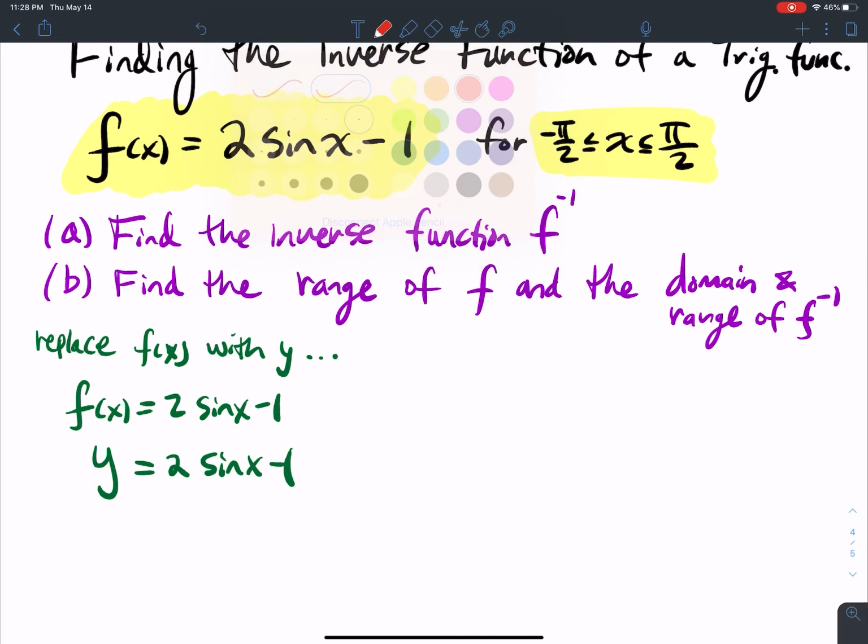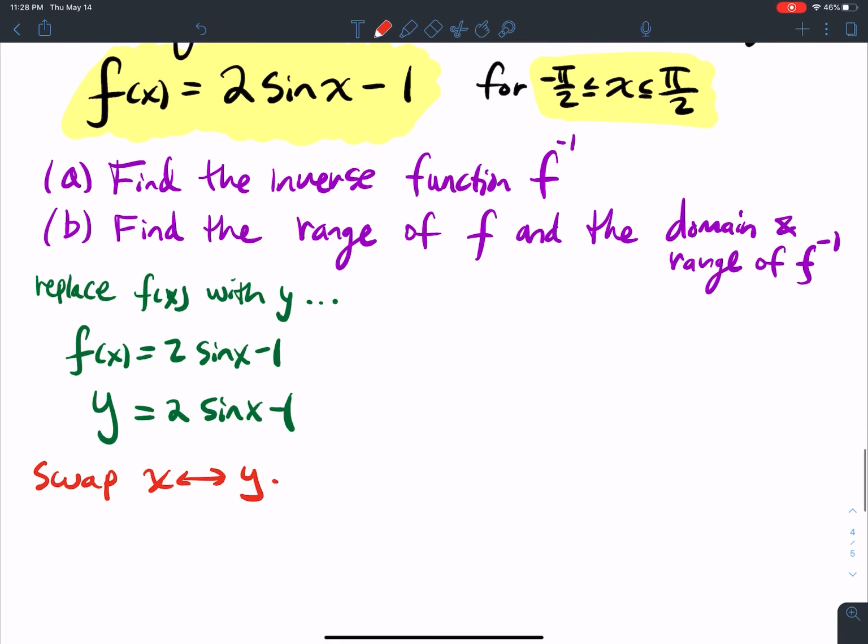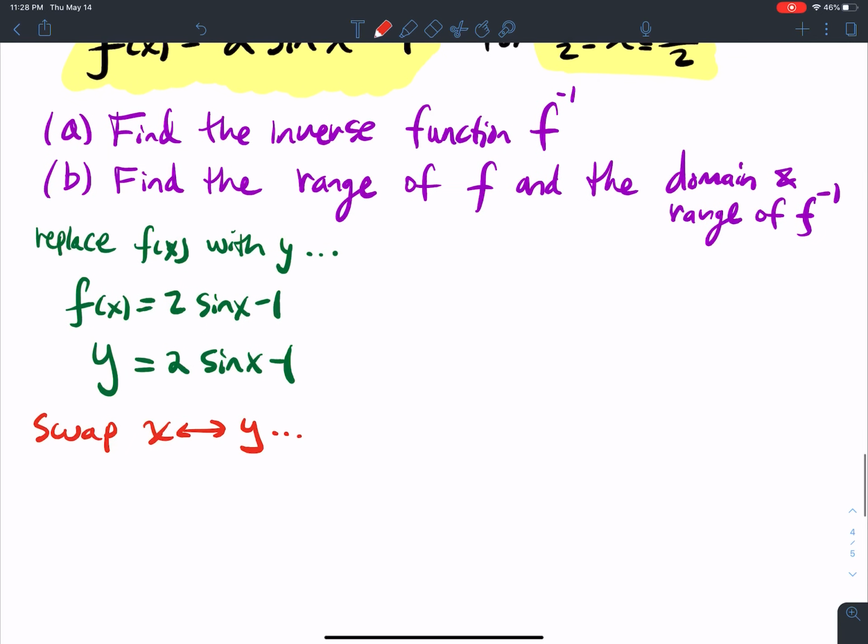And now for my next trick, I'm going to swap x and y to find the inverse. When I do this, I get x equals 2 sine y minus 1.